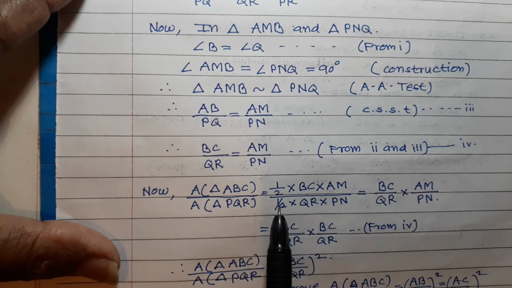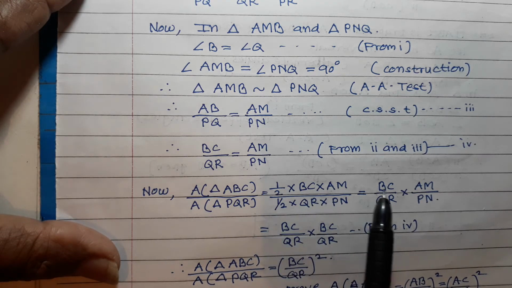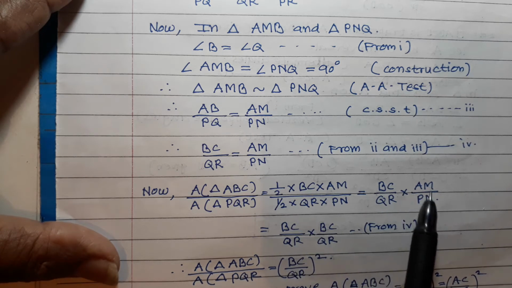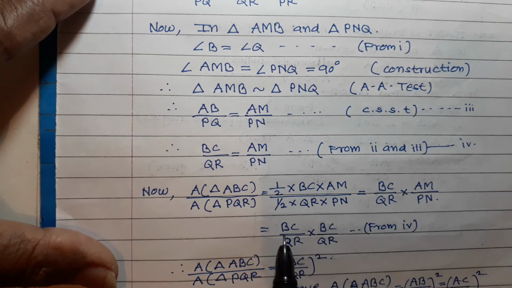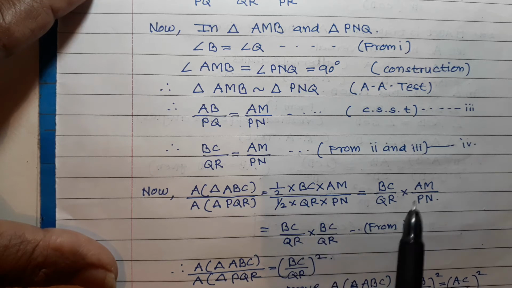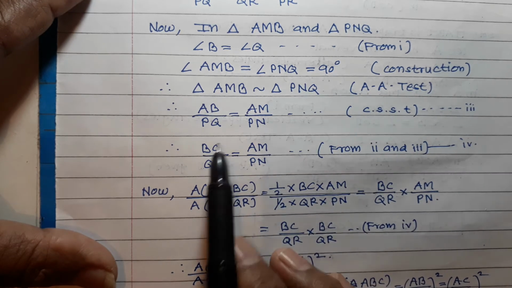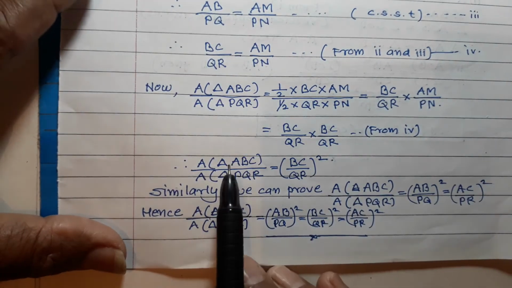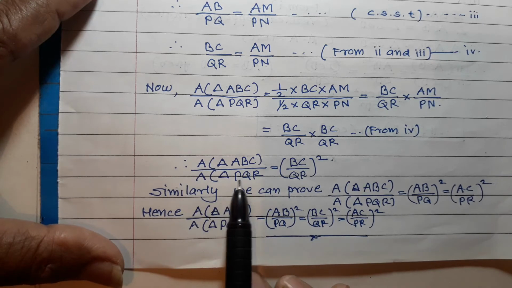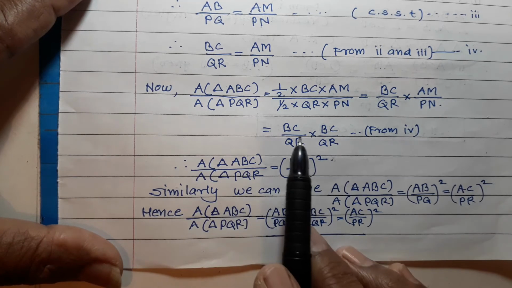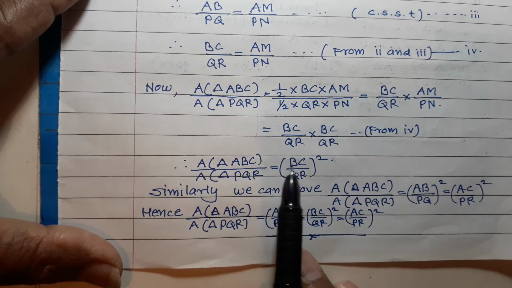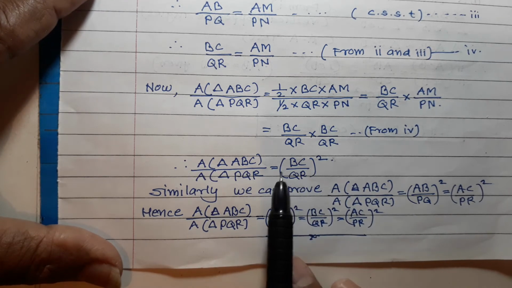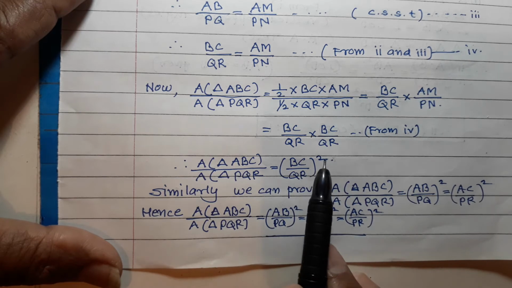So 1 upon 2 gets cancelled, therefore it is BC upon QR into AM upon PN, and it is equal to BC upon QR into BC upon QR, because AM upon PN is equal to BC upon QR. And therefore area of triangle ABC upon area of triangle PQR is equal to BC square upon QR square, or (BC upon QR) square.